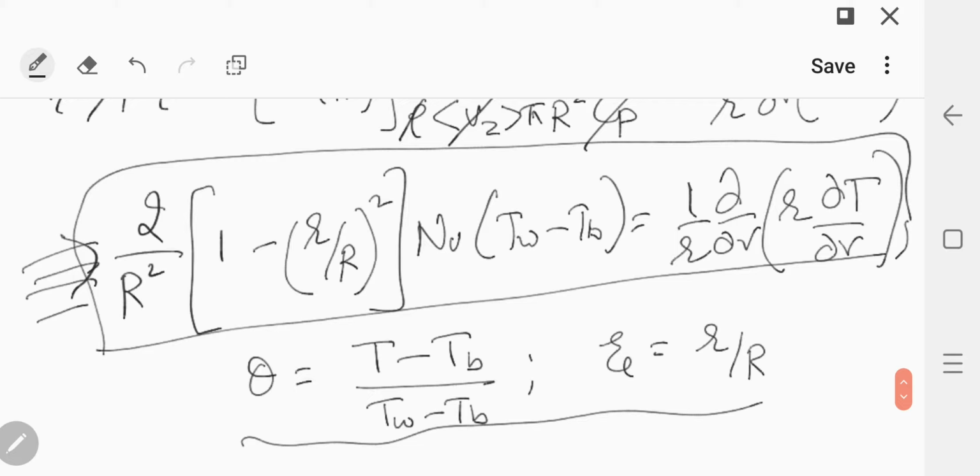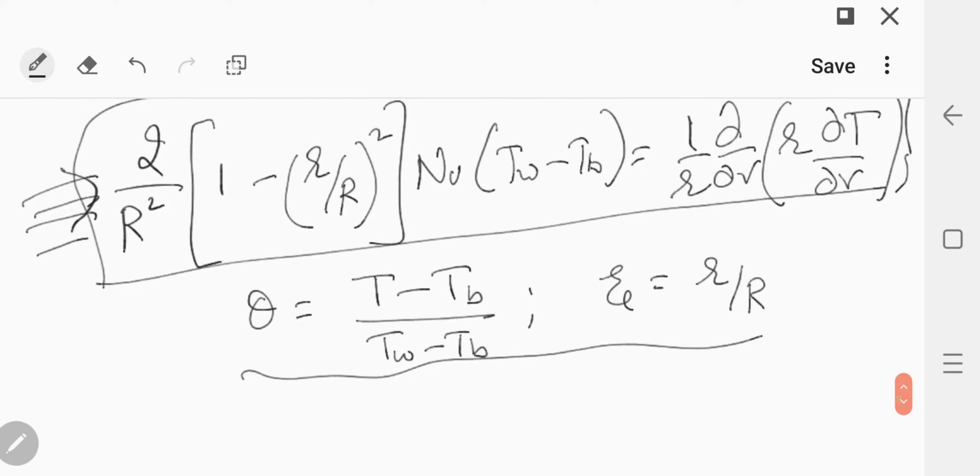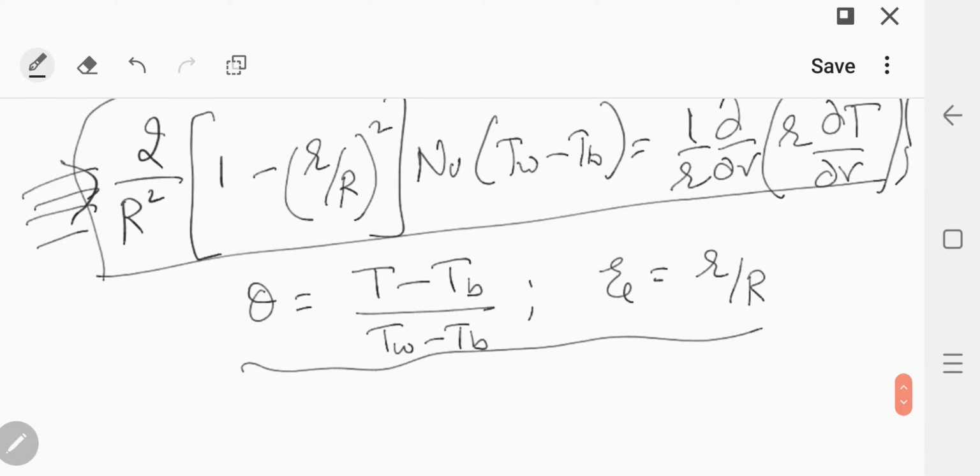Theta is the ratio of the temperature terms and zeta is the ratio of r by capital R. So simply convert your main expression in terms of dimensionless variables.